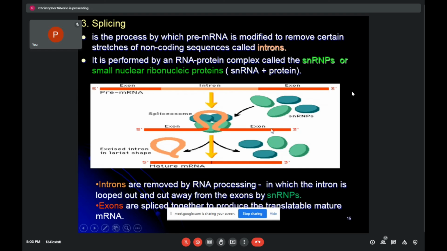So that is how the intron is removed. It is removed by these snRNPs, small nuclear ribonucleoproteins.